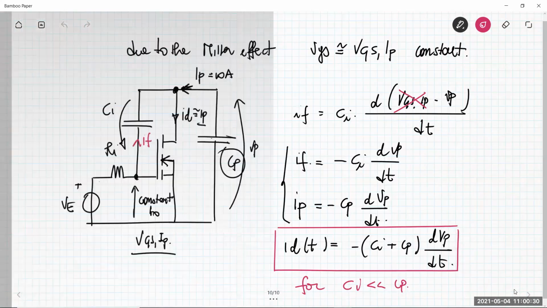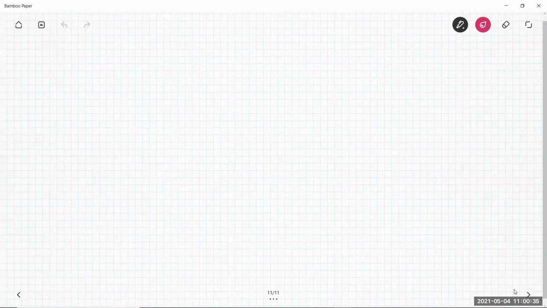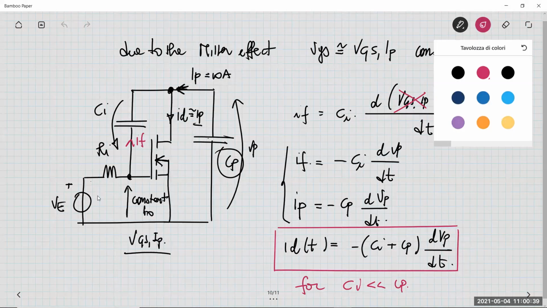Okay, so if you have this expression here, let me put another equation, which is the basic design equation. That is this one.